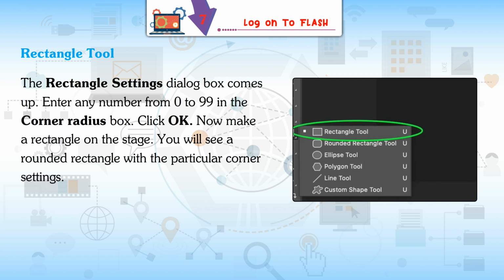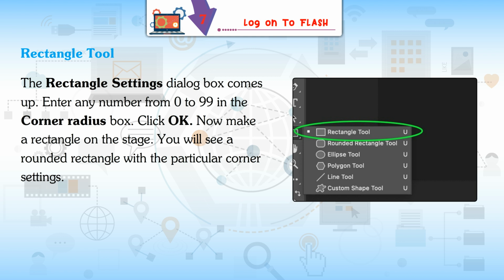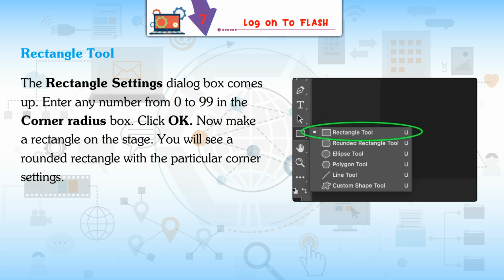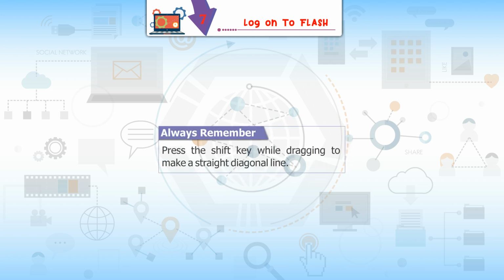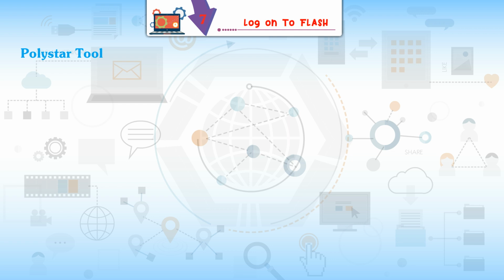Now make a rectangle on the stage. You will see a rounded rectangle with the particular corner setting. Facts to learn. 1. The shortcut of the Oval tool is O. 2. The shortcut for the Line tool is N and for the Rectangle tool is R. Always remember, press the Shift key while dragging to make a straight diagonal line.